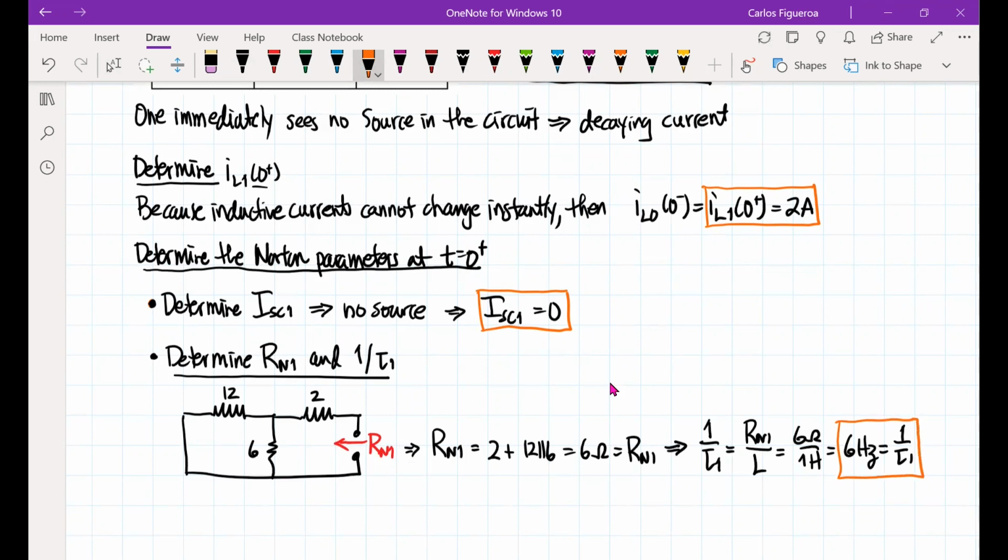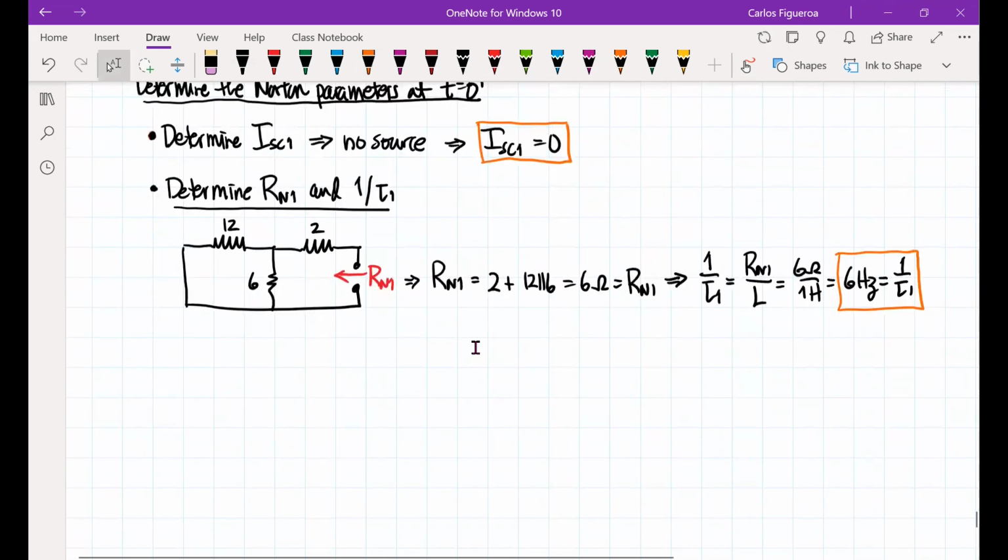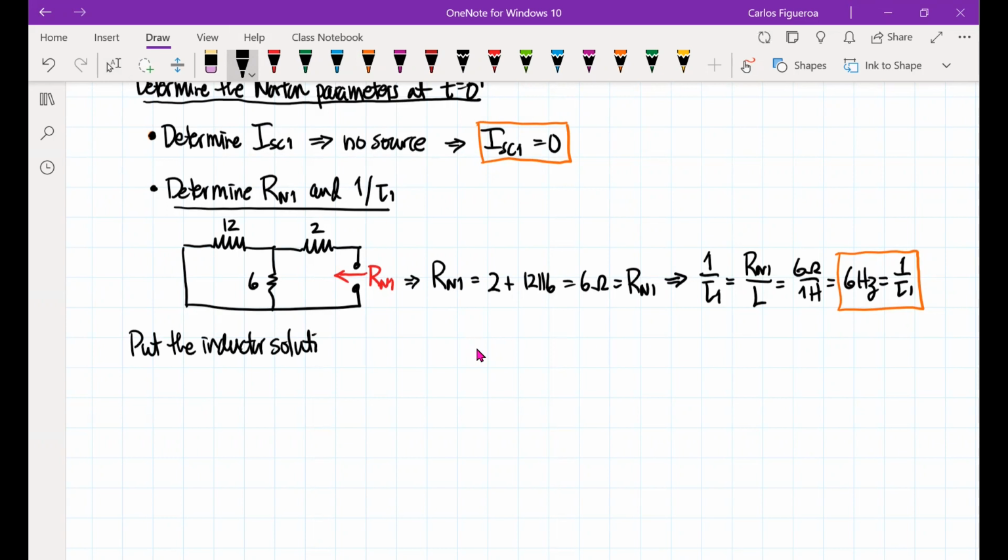So now I have all of my details about writing the thing here. Now what I'm going to do is put the inductor solution into proper form.